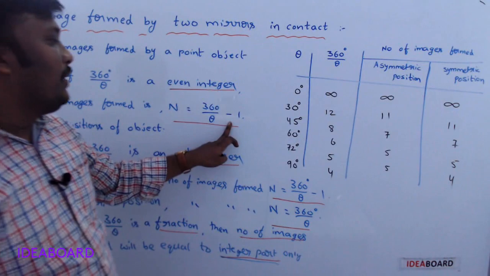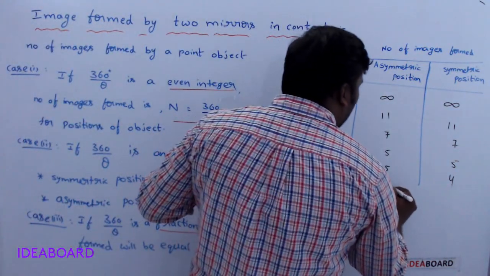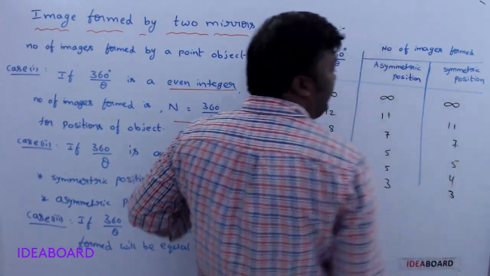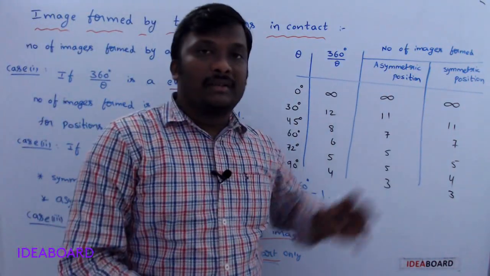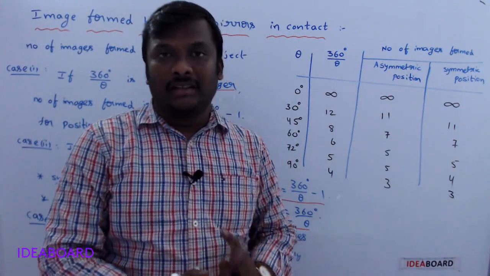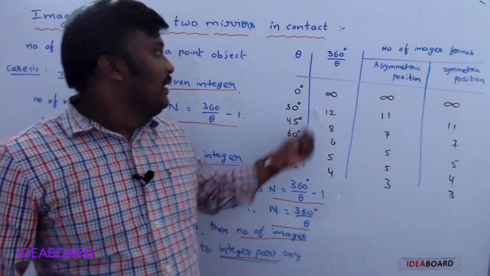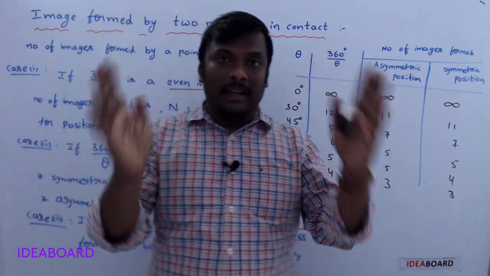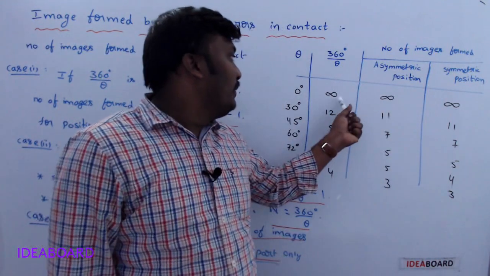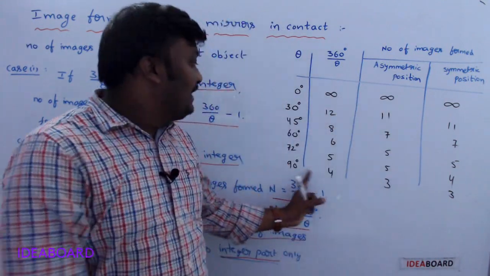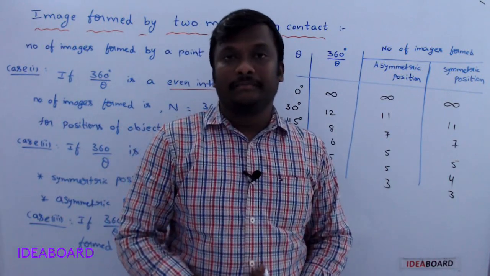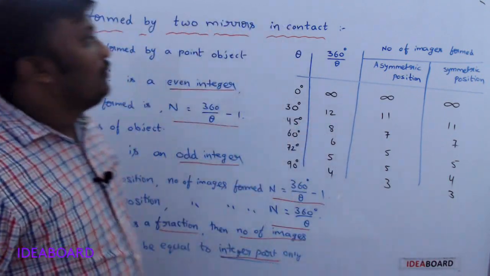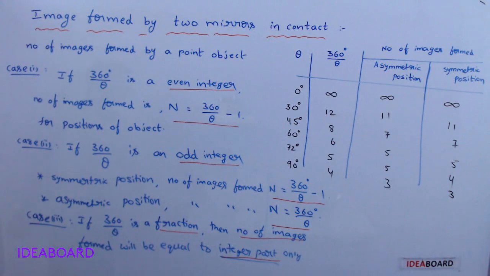For an even integer, the number of images formed is 4 minus 1, 3, because irrespective of the position of the object, you get the image. Here the most important thing: if two plane mirrors are placed parallel to each other, the number of images formed is infinity. If they are placed perpendicular to each other, the number of images formed is 3. Clear? Please draw the table.